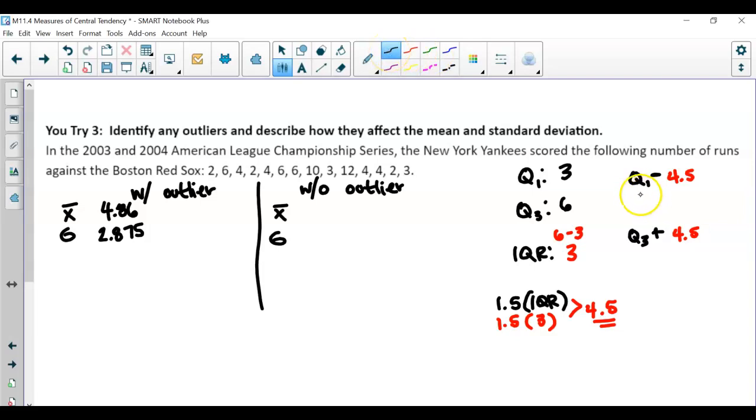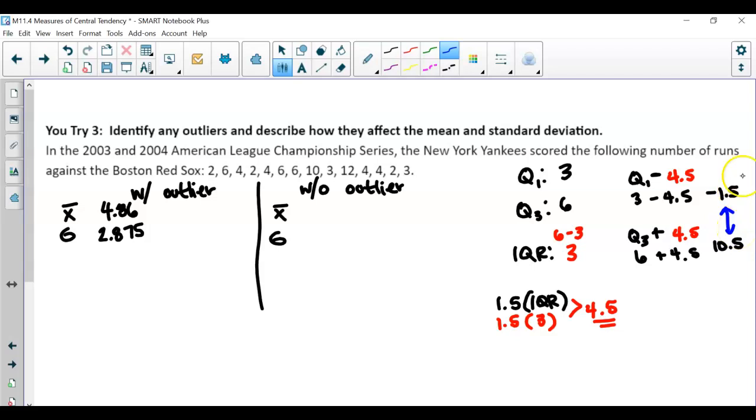So here we go. You have quartile 1, which is 3 minus 4.5, which gives you negative 1.5. Then here, quartile 3, that is 6 plus 4.5, which is 10.5. So now this is the in-between range that is good to go.